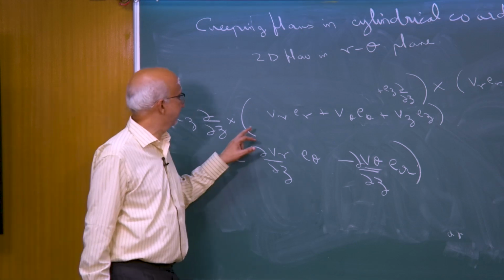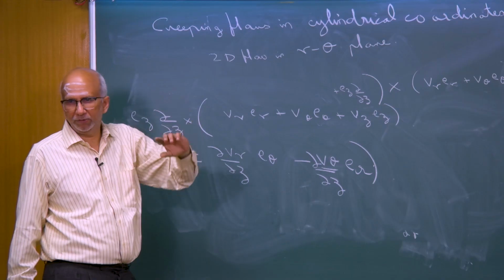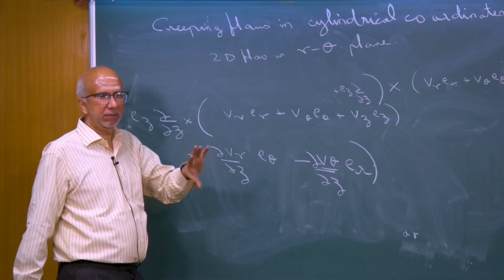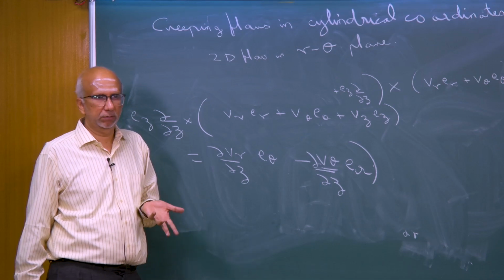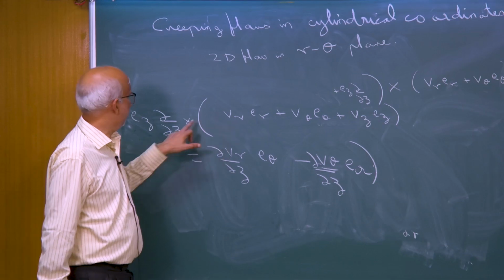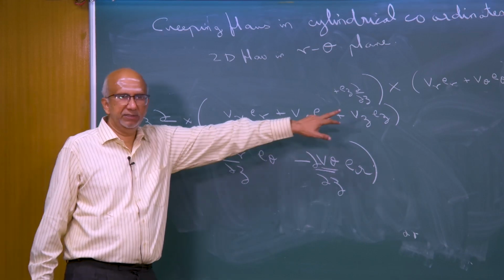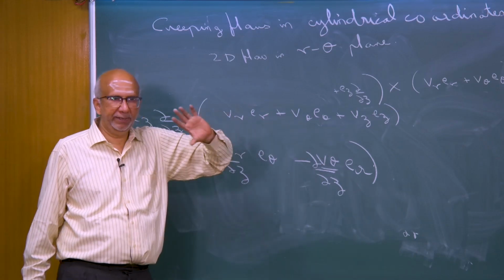How do I get this? I mean, you can do this peacefully in your room or wherever, and just remember, I am just doing differentiation and using basic cross product. Okay? And this is because now the derivatives of the unit vectors are 0. So, all these unit vectors can be treated like a constant.